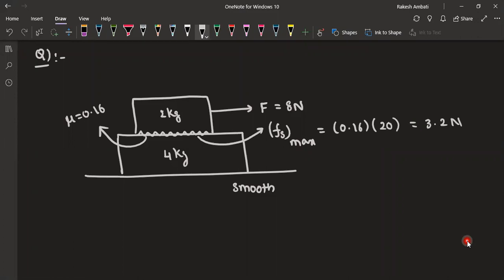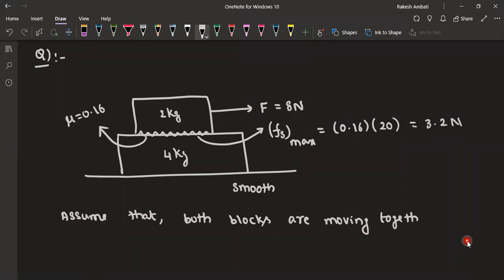And what is the first assumption? Assume that both blocks are moving together with common acceleration.